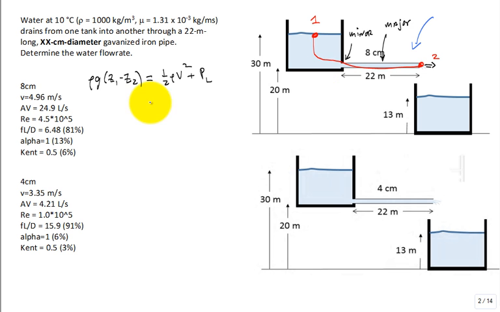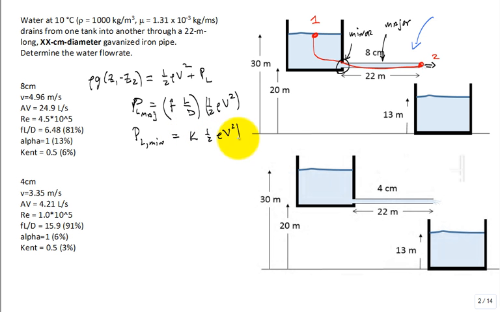And so this would be the major pressure loss: f L over D. Here we're using pressure, so we'll put 1/2 rho V squared. And then the minor pressure loss due to getting into the pipe, this entrance loss, K times 1/2 rho V squared.